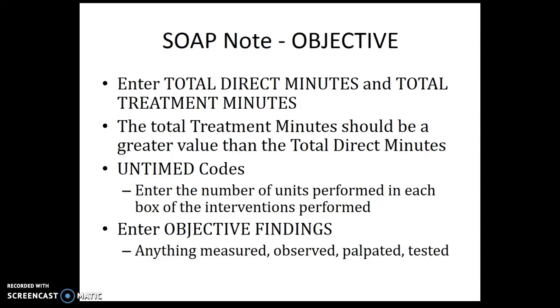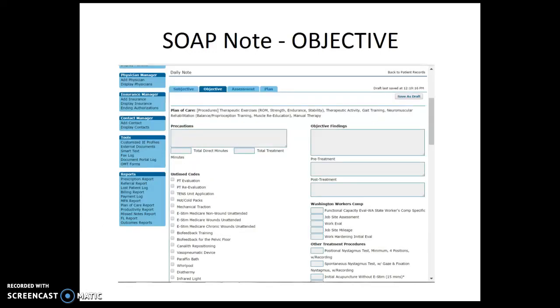Let's say we did 15 minutes of gait training, that's 1 unit of gait training. And let's say we did 15 minutes of therapeutic activity. That would be about 45 minutes of treatment, and that would be 3 billing codes. Also in this objective tab, we're going to enter our objective data. So anything that we measured, observed, palpated, tested, anything that we did with our patient is going in this section.